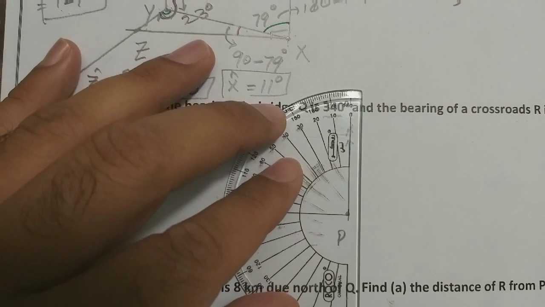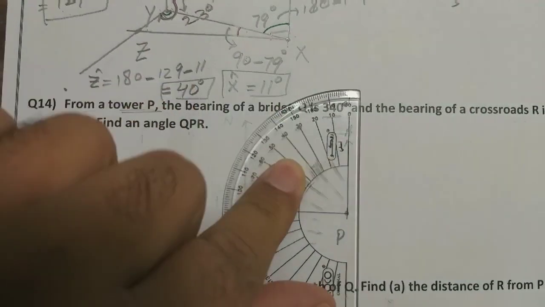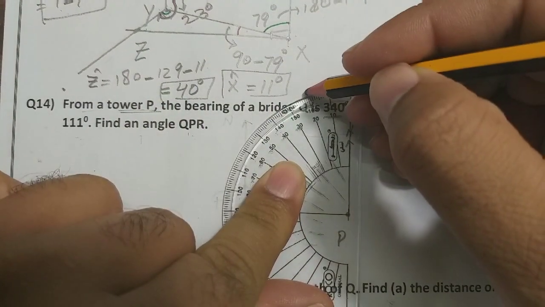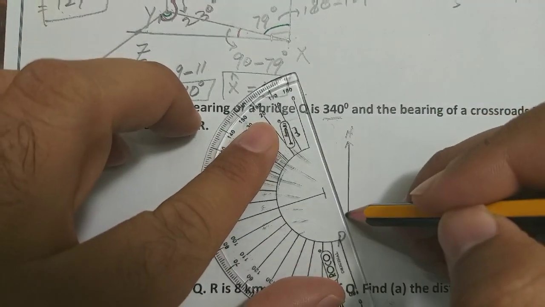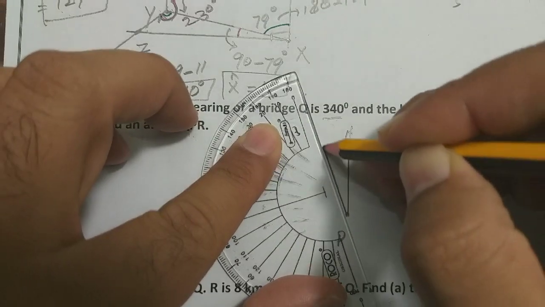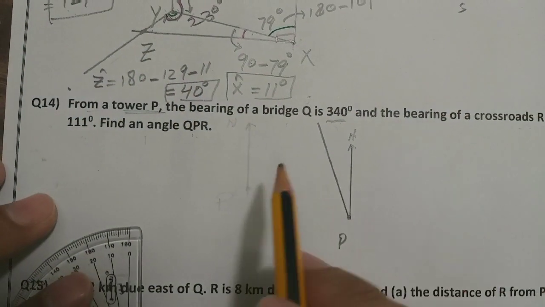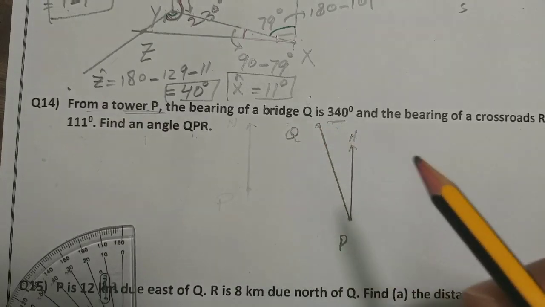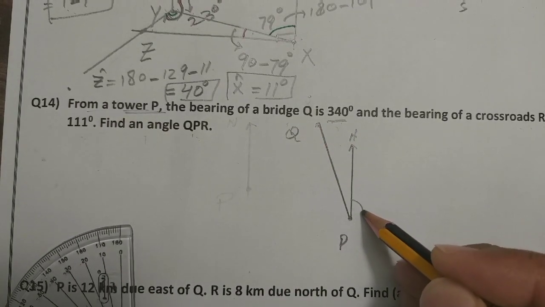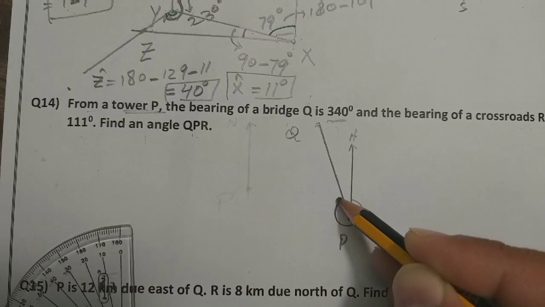Now 340 is only 20 units less than 360. Just draw the line which gives us the bearing. This is the point, the bridge Q. Let's put this as Q. This is the bearing. Start from north and rotate clockwise.